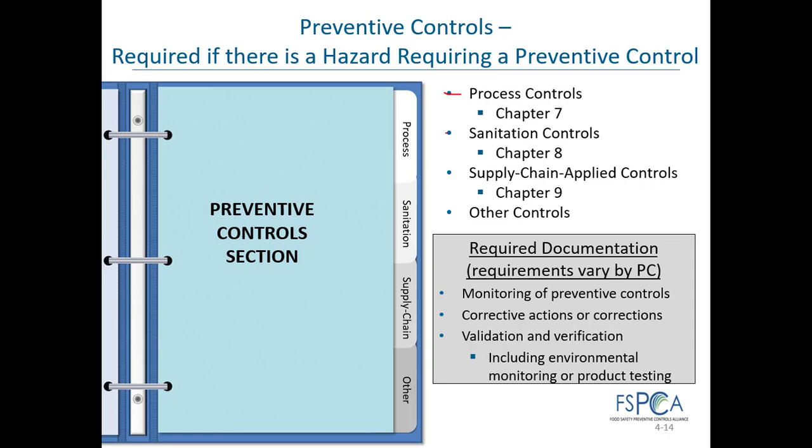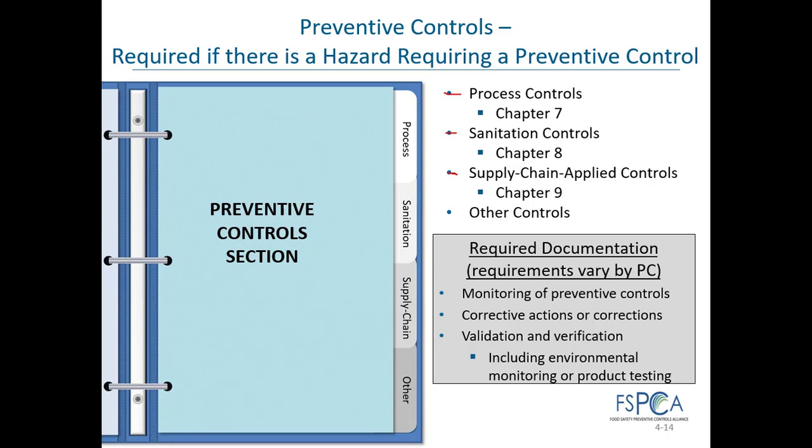A sanitation control is going to be targeted at biological hazards, those microorganisms, and that's going to look like maybe doing some sanitation of food contact surfaces, or even hygienic zoning could be a sanitation control. And then we also have supply chain control.